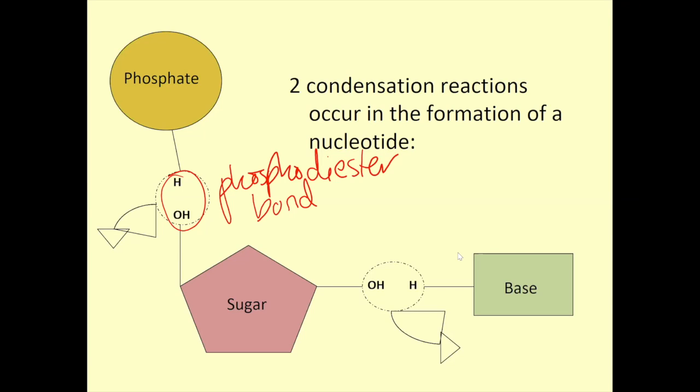So this one here, this might surprise you, I'm going to call that a glycosidic bond. Why would that surprise you? Because you say, well, hold on, sir, that's between two sugars, normally. Again, it's condensation.